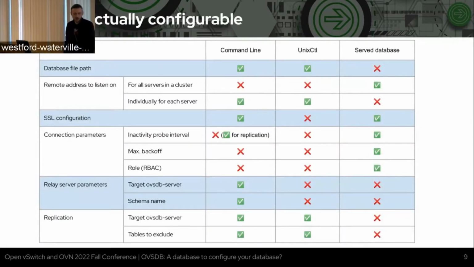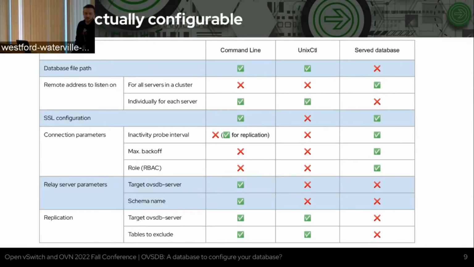One of the main parts here: you can see that basically the command line interface seems to be like a better option, if anything. It covers many cases, but you cannot configure, like, the same IP address. Well, kind of. You can configure the same IP address for all the cluster members, but you need to specify it for all the cluster members separately.